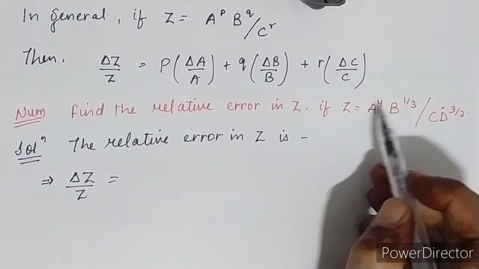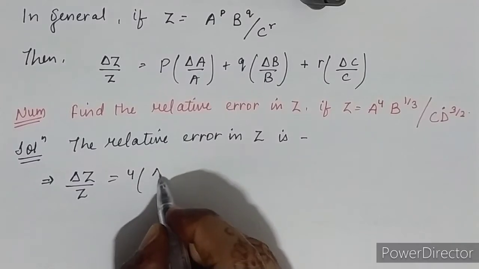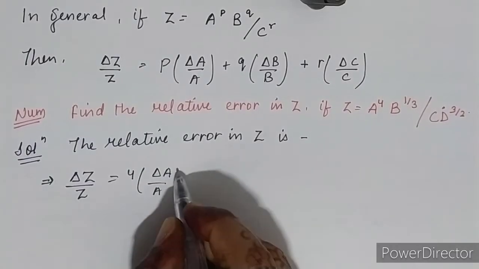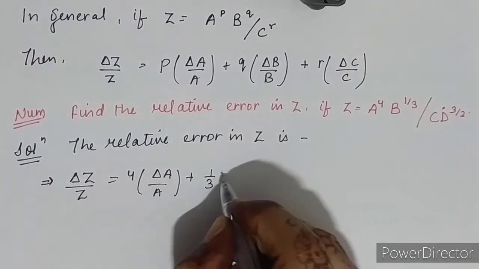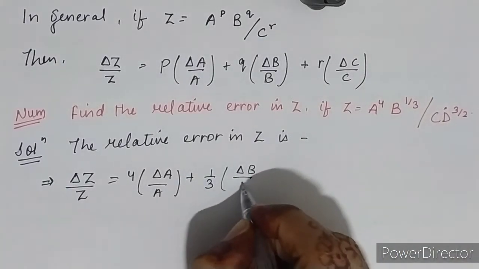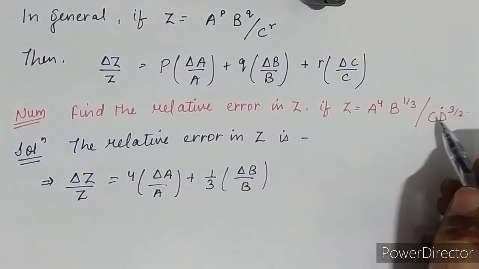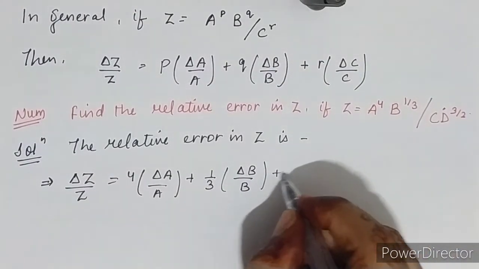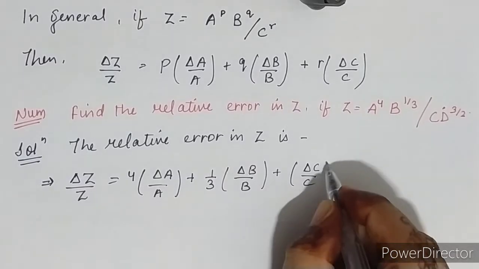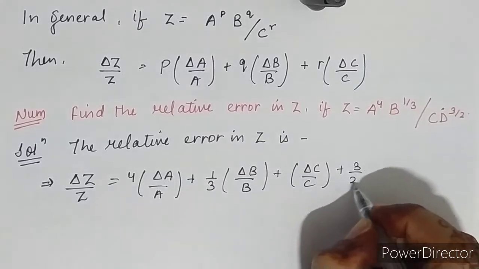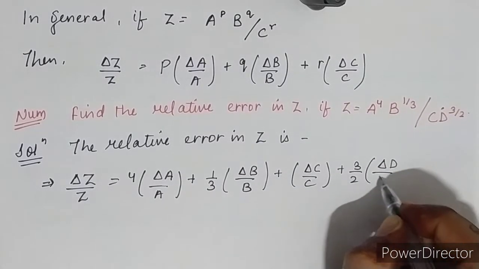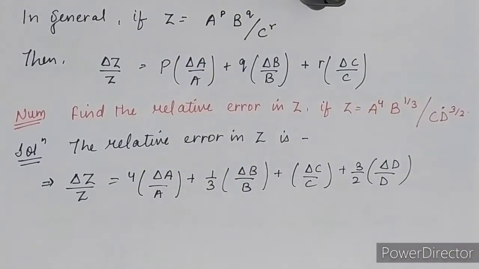For this, 4 times delta A upon A plus 1 upon 3 times delta B upon B. Again C doesn't have any power, so it will be 1 times delta C upon C. D has the power 3 by 2, so it will be 3 by 2 of delta D upon D. That's it, nothing else. Clear? Okay beta, get my point?